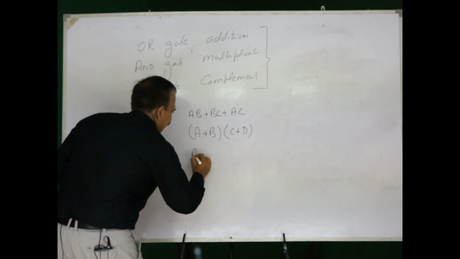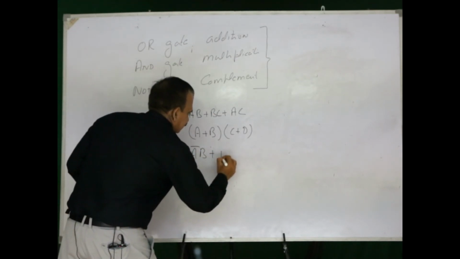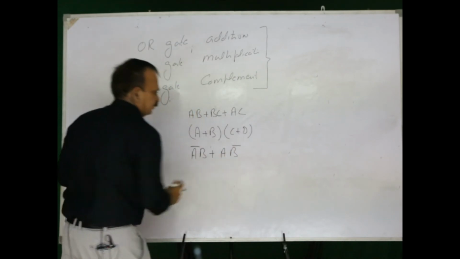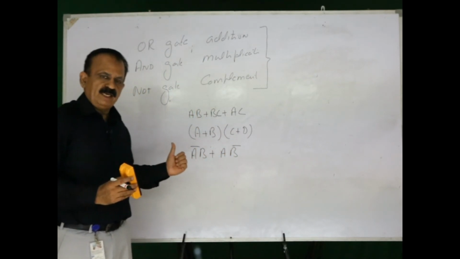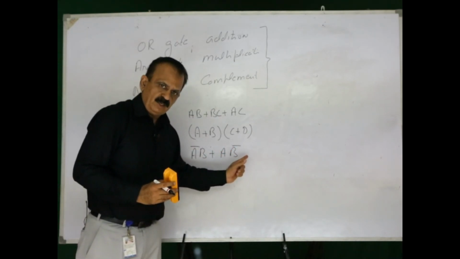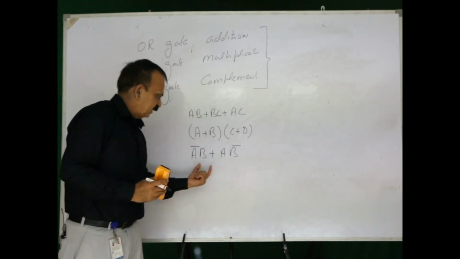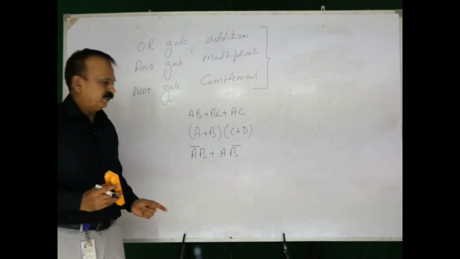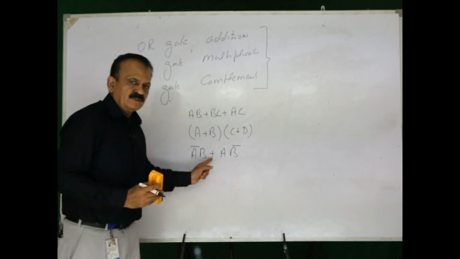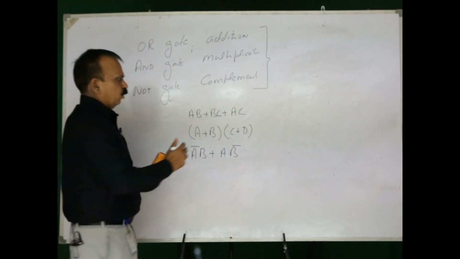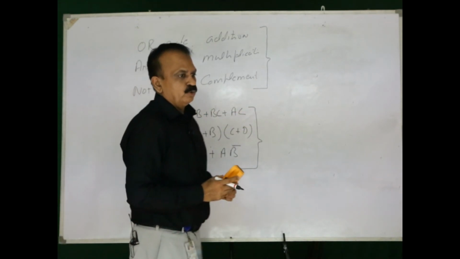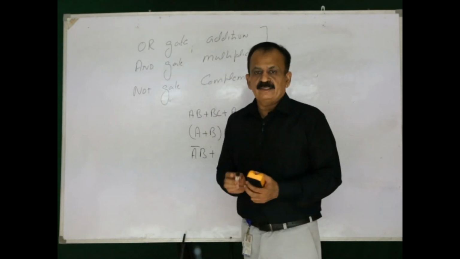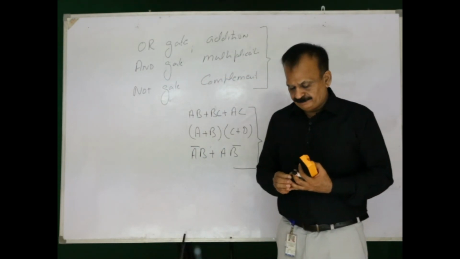The another one can be A bar B plus A B bar. I hope two NOT gates, one is for A complement, another for B complement, two AND gates that is for multiplication and one OR gate that is for addition. This is how we will be implementing these circuits by using gates, AND gate, OR gate and NOT gate.